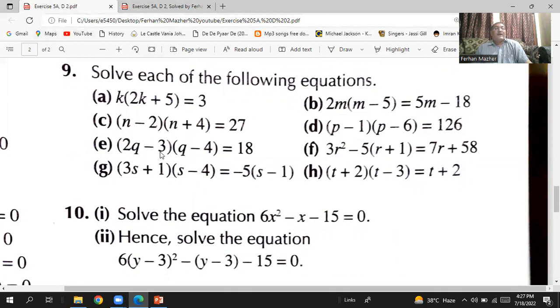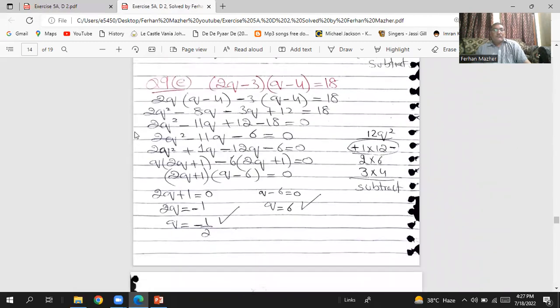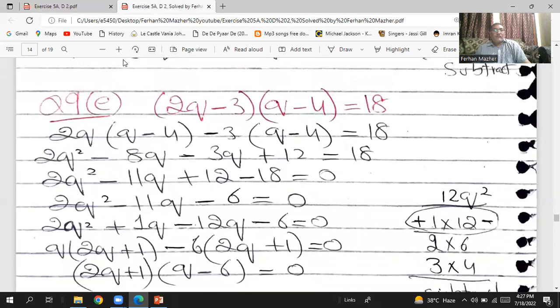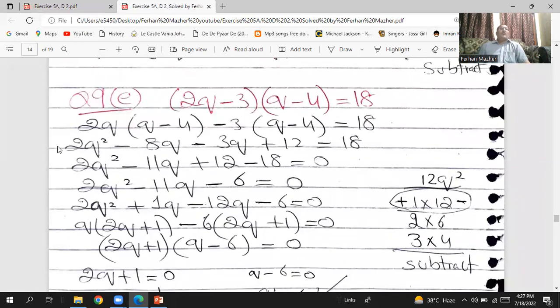Here we have 2q minus 3 bracket q minus 4 equals to 18. So I will multiply 2q with this second bracket. Then the minus 3 will multiply with this second bracket equals to 18.